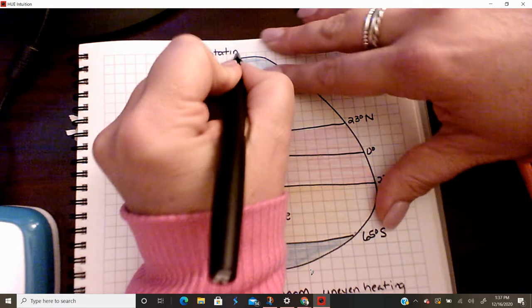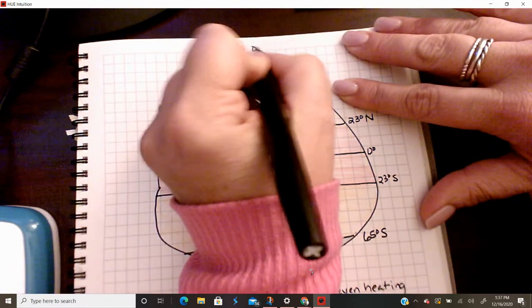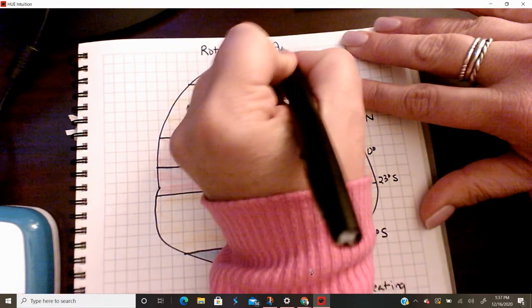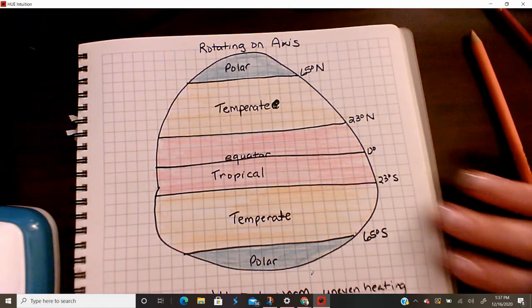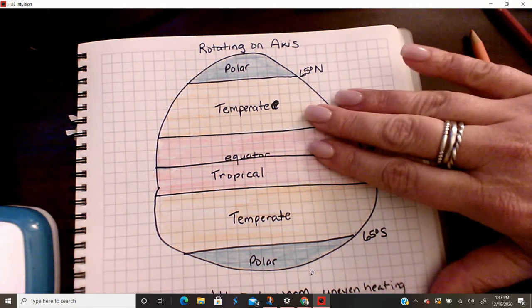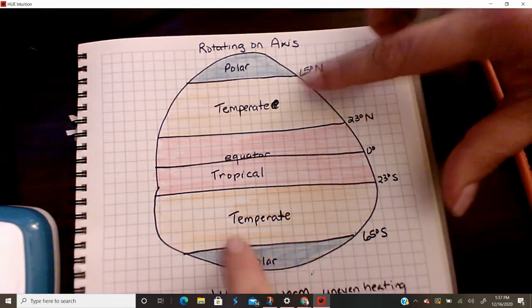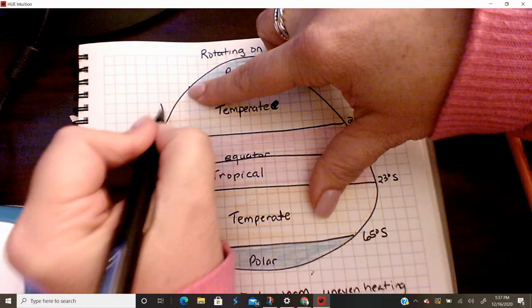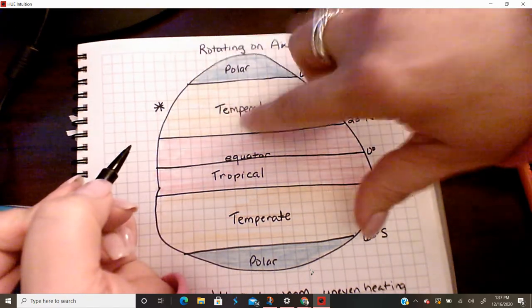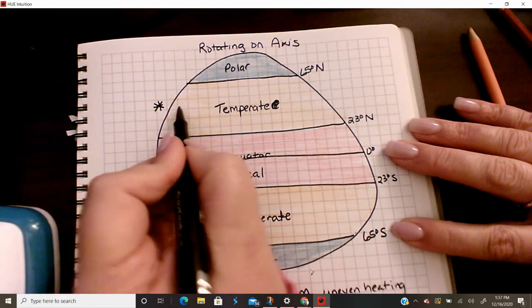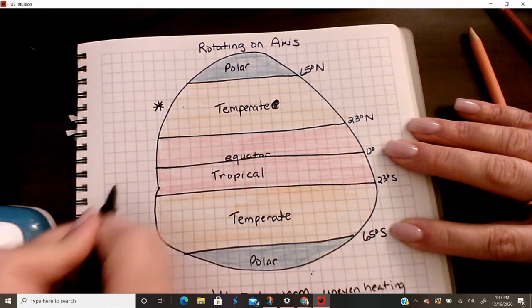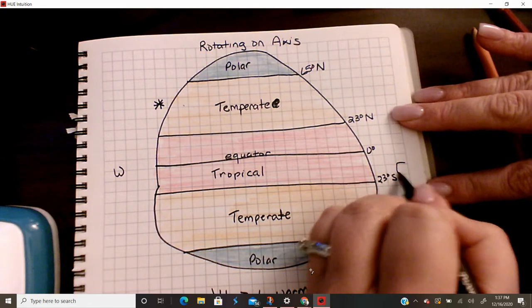And because the world is spinning on its axis, that causes the winds at different latitudes to blow in different directions. All right, so you already know that at the temperate zone, which is where we live, and for 5th grade science, you really only need to know about our global winds, the prevailing westerlies. Draw an arrow to show, you can make west to east.